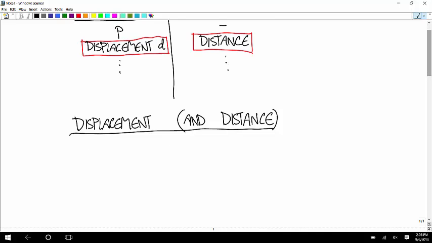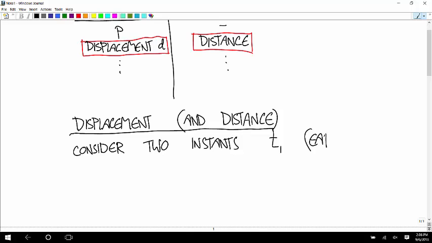Okay, so consider two instants, T1, we'll call that the earlier one, and T2, that's the later instant.